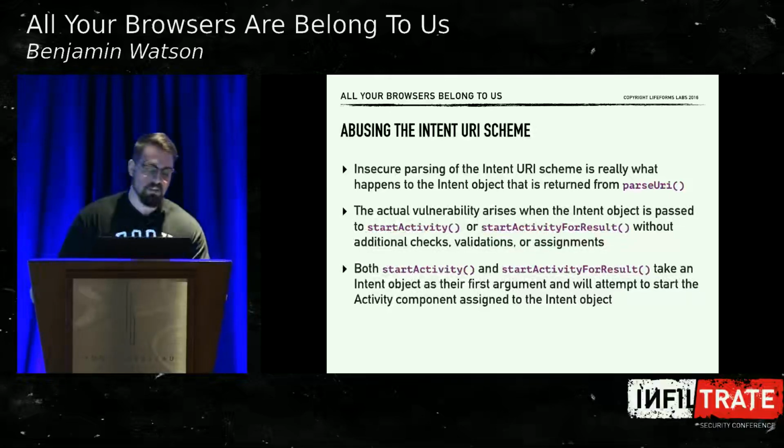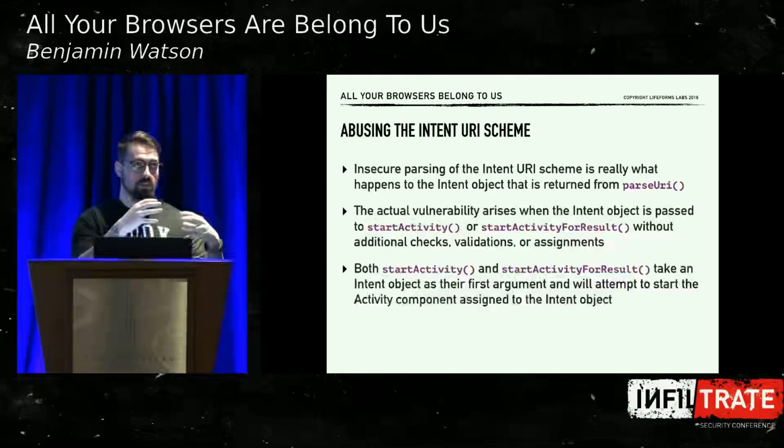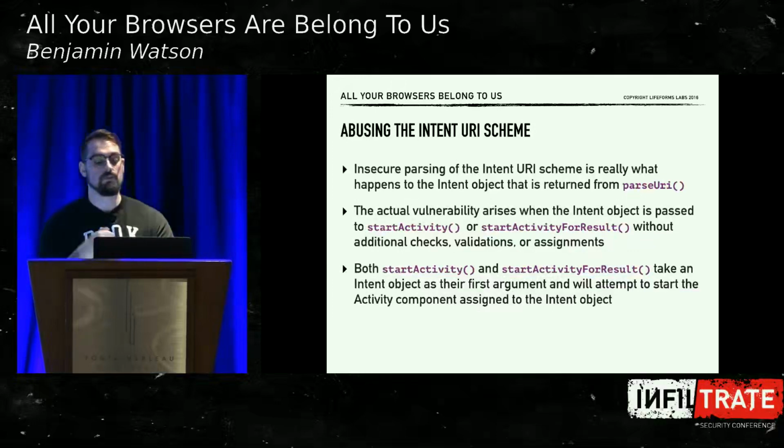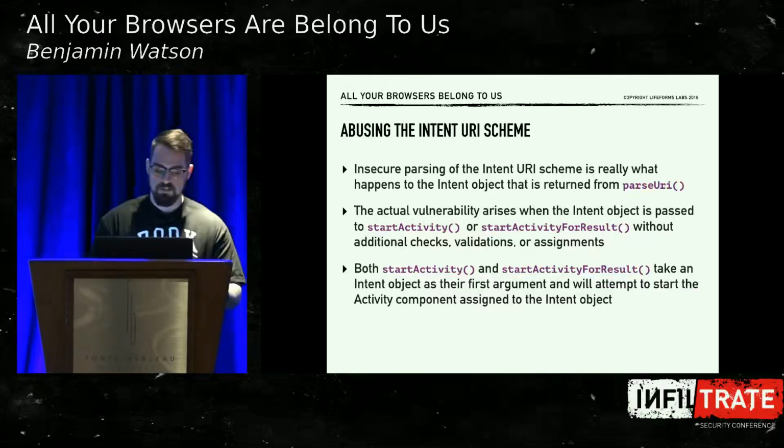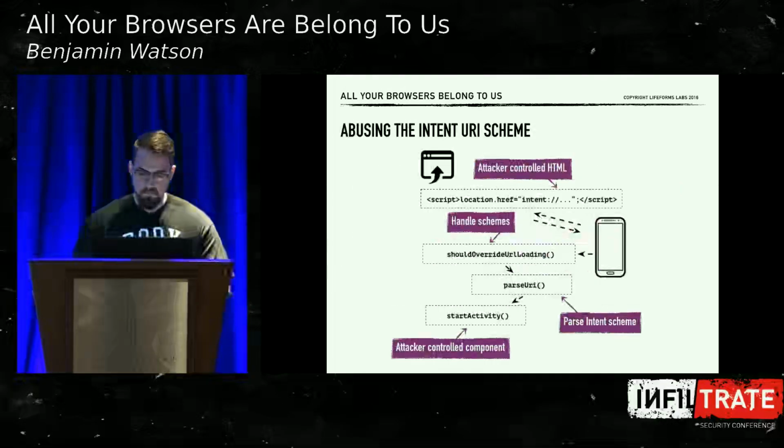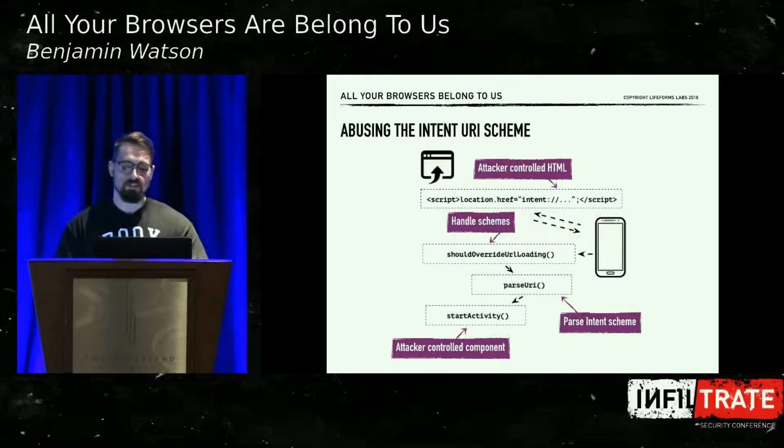Both startActivity and startActivityForResult take that intent object as their first argument, and then, as we've seen in the URI scheme, it takes the component that was set on top of that and tries to invoke it from the intent object itself. So this is kind of what you have. You're in your phone, in your browser, and you go to some attacker-controlled HTML with JavaScript.